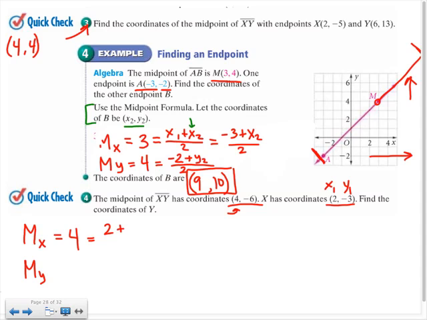I don't know the other x-coordinate, so I have to leave that unlabeled. And to find the average of those two numbers, I of course have to divide by 2. I'm going to skip the algebra in this step, but to isolate x2, I'll multiply both sides by 2 and then subtract 2 from both sides, and so you should find that x2 equals 6.